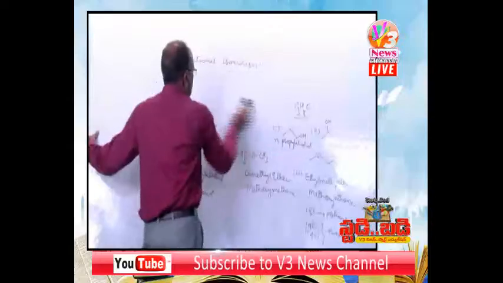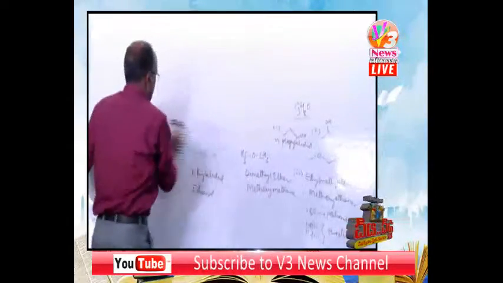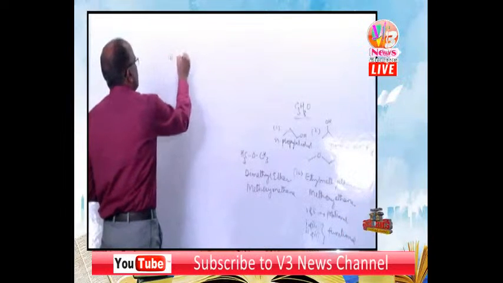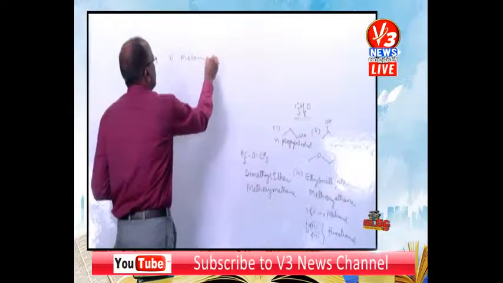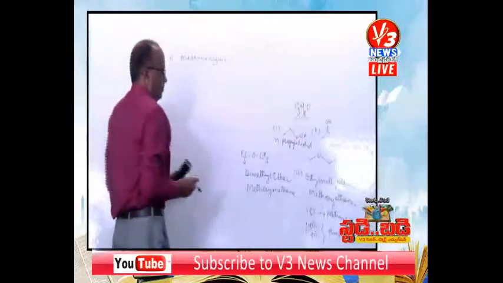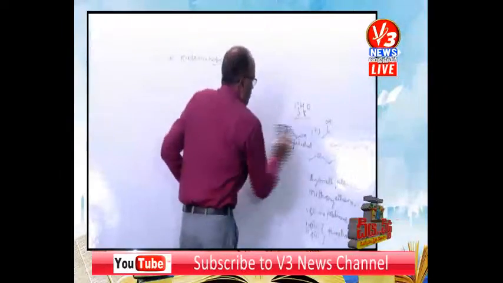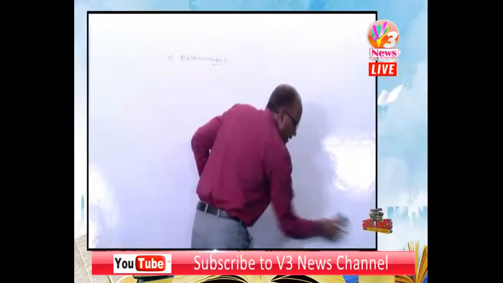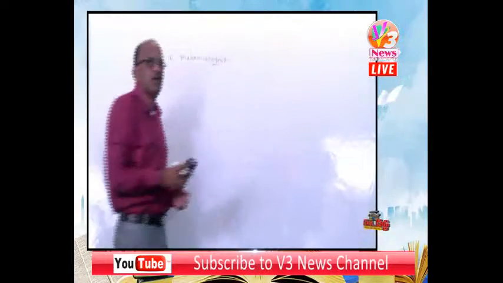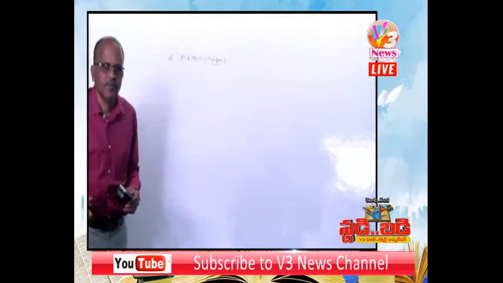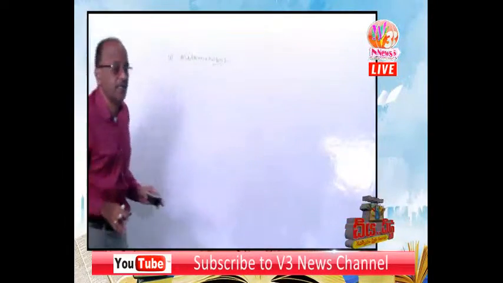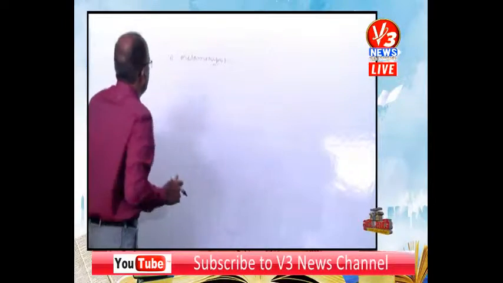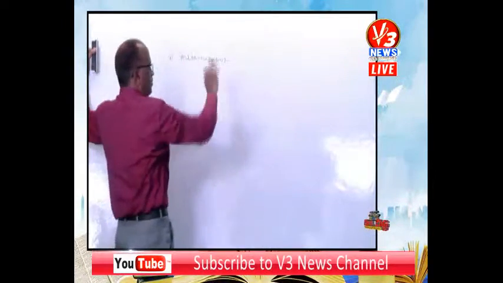Now, we will take next isomerism, that is metamerism. Compounds with the same formula, same functional group but differ in nature of alkyl groups attached to functional group are known as metamers. Same formula, same functional group but differ in nature of alkyl groups attached to functional group.